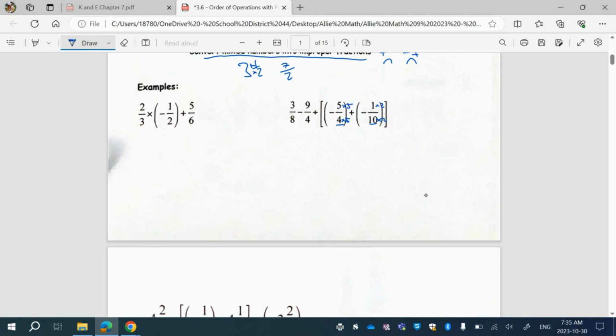So we are going to be left with, I'll just write it right here, 3 over 8, subtract 9 over 4, divided by, and then let's have our square brackets, new bracket, negative 25 over 20 plus bracket negative 2 over 20.